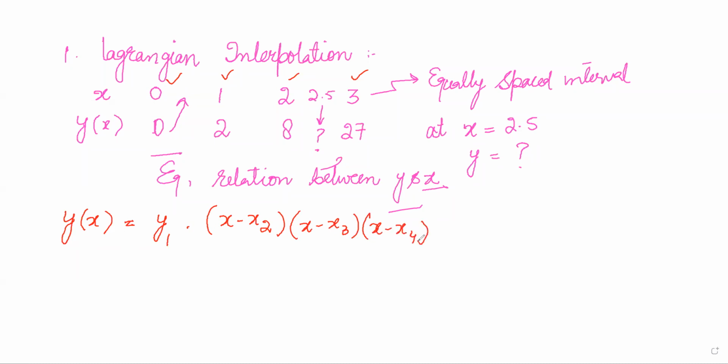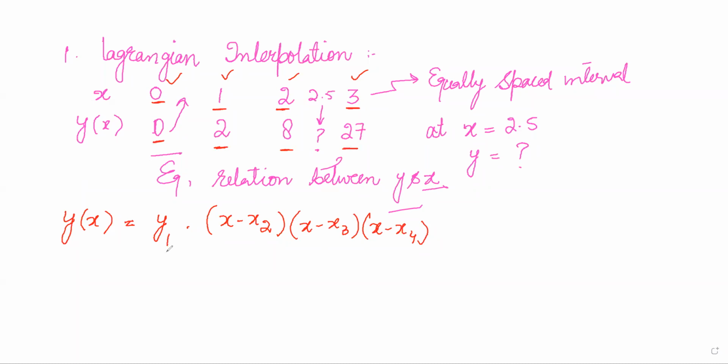We are having 4 terms. This is y1, this is y2, this is y3, and this is y4.